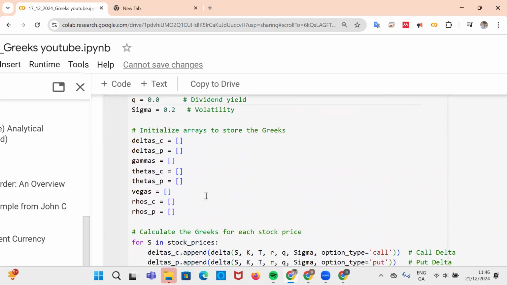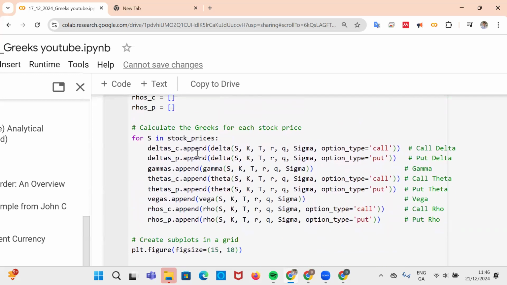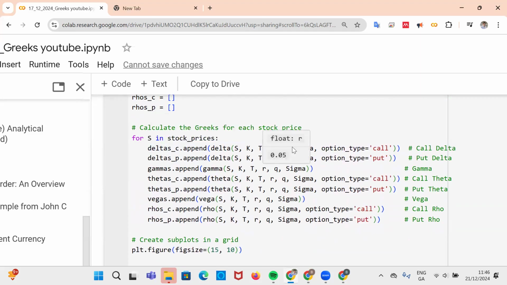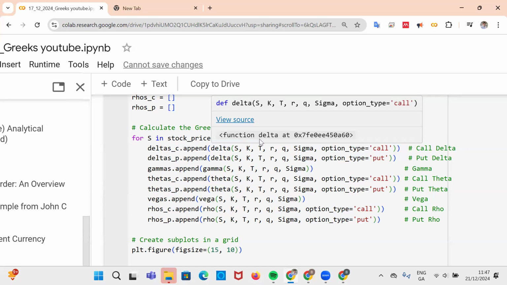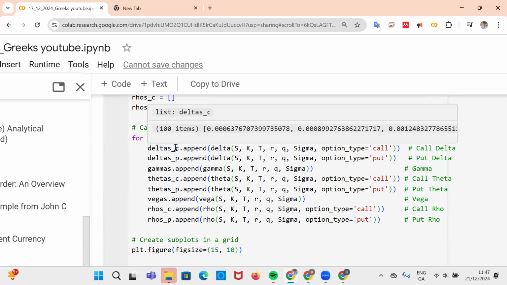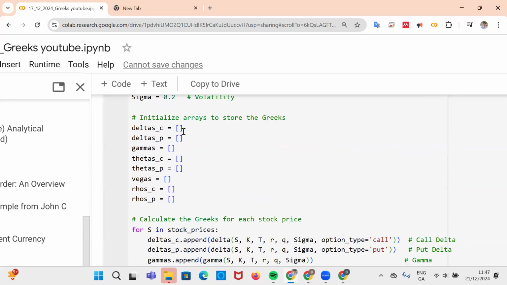And then we estimate the value of the options in sequence. So in effect, we're estimating the delta of the call and the put and the gamma, thetas, call and put, vegas, rhos for the call, rhos for the put. And we do that for each of the stock prices that we incorporate into our arrays where we store the values of the Greeks.